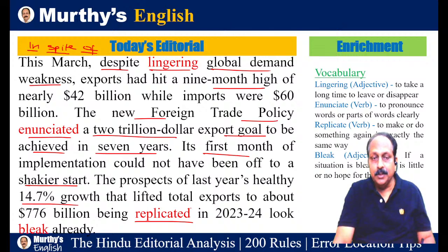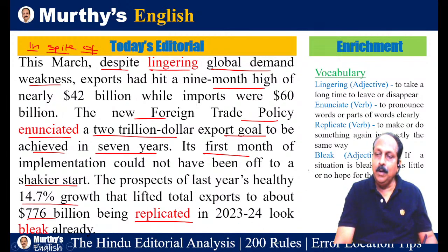Last year it was positive and it lifted total exports to about 776 billion US dollars. Replicate means what? To produce the same thing, to make or do something again in exactly the same way. That means again getting 776 billion US dollars being replicated in 2023-24 looks bleak already.